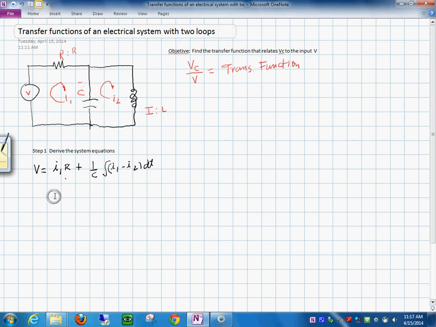We could also write this in terms of the charge, but maybe we will do it in a moment.